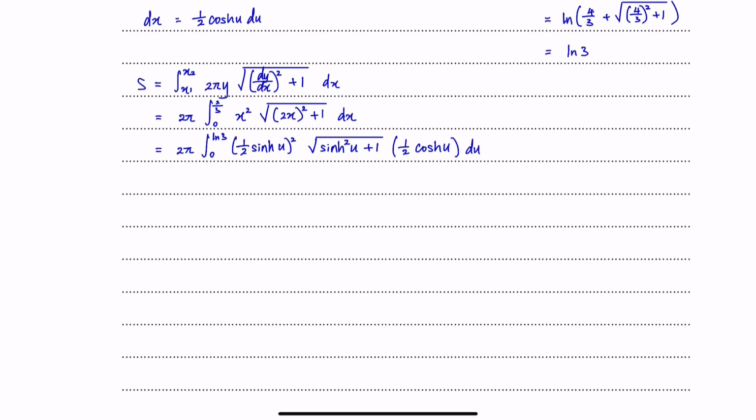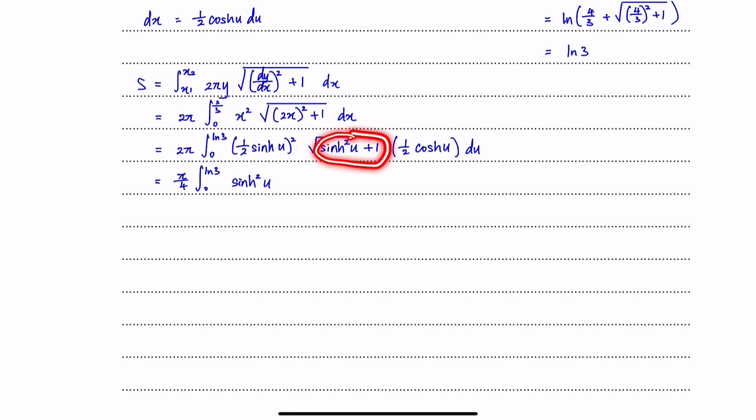So now we can simplify it to pi over 4, integrate it from 0 to ln 3, sine squared u.